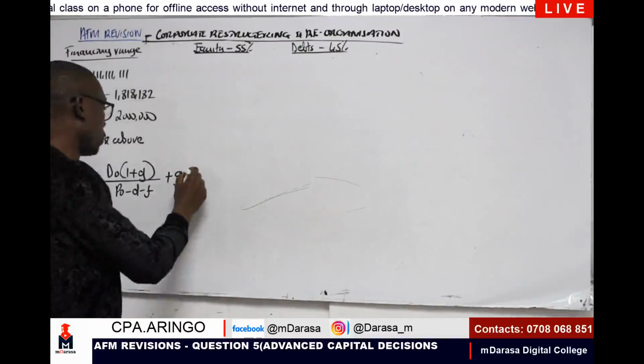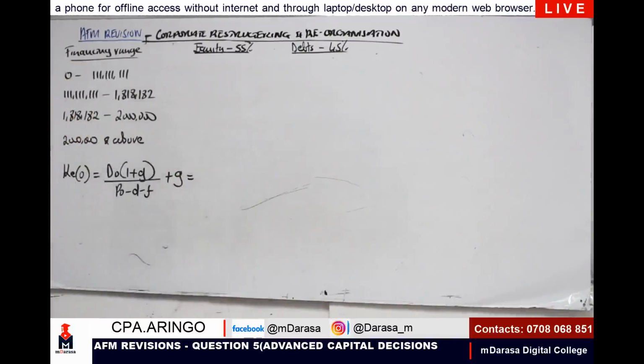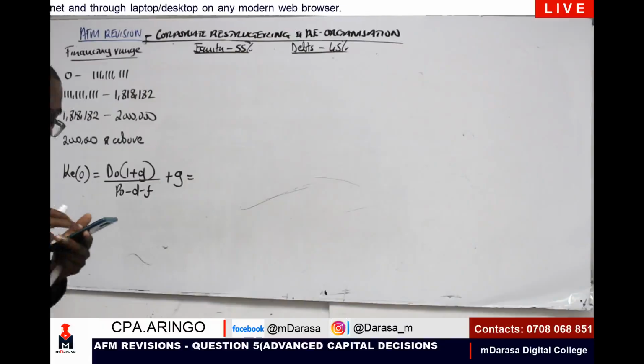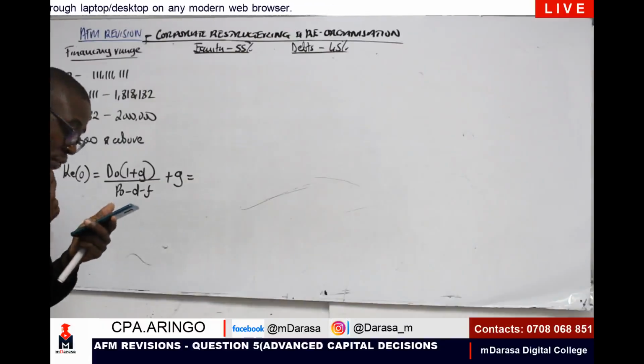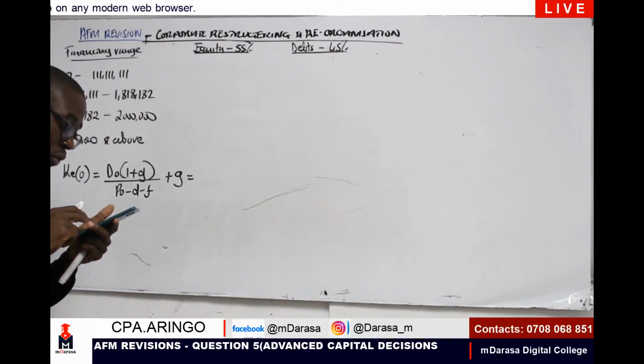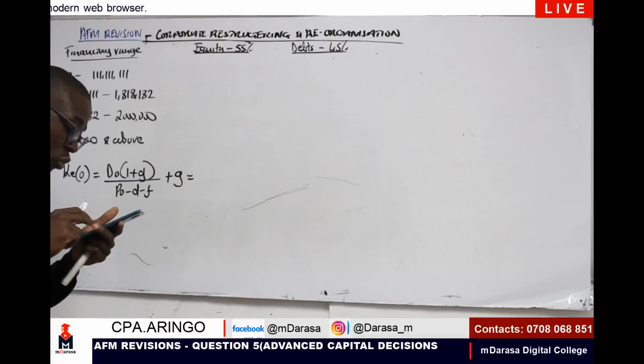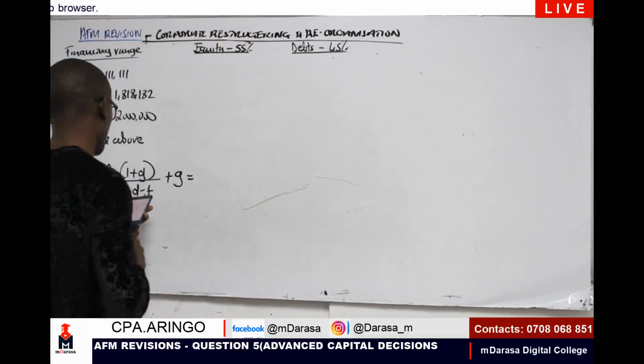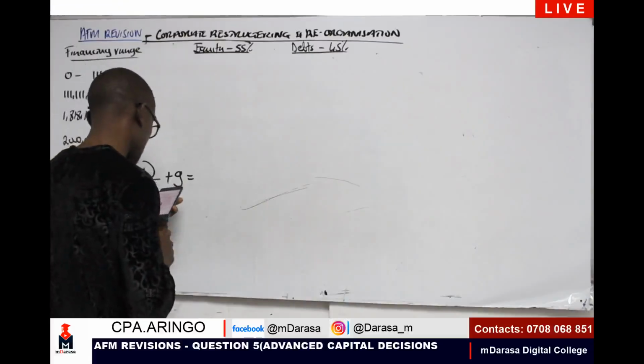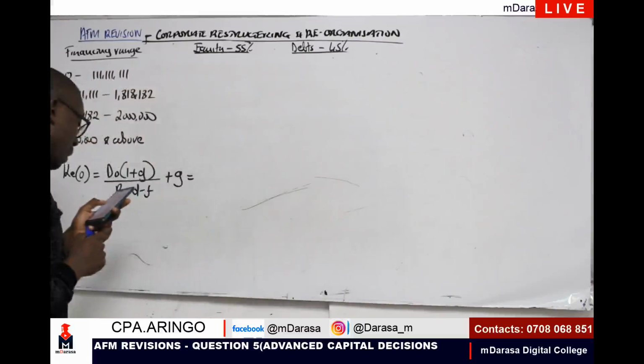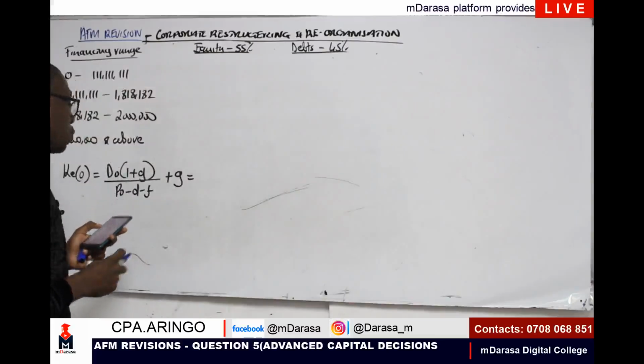So, cost of ordinary shares, what will we be having in this context? What was our D0 or D1 as per what you are given? Examiner told us in paragraph number 3, the company corporate tax is 30%. The current market price of equity shares of the company is 22. The last dividend on equity shares was paid at 2.2.